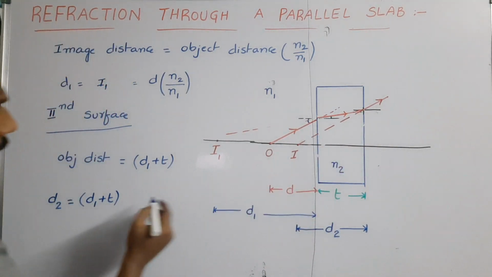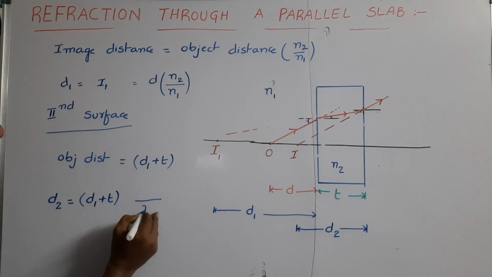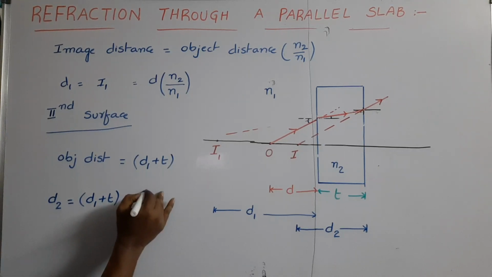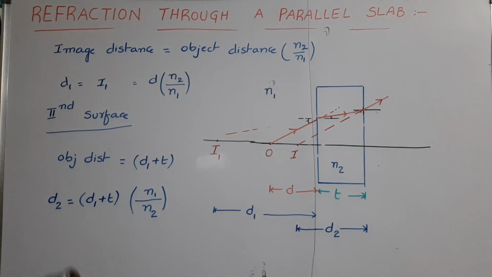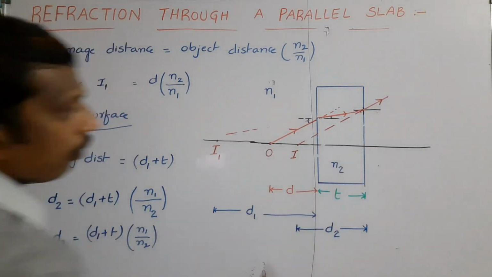So D2 is equal to D1 plus T into N1 by N2. This is the image distance from the second surface.